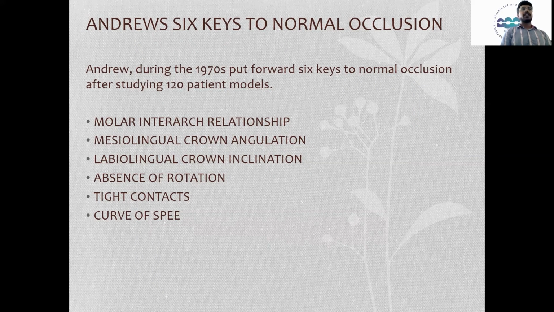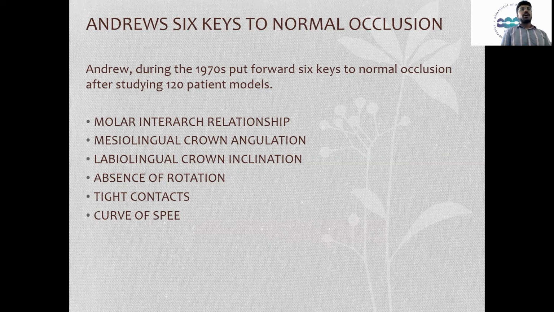After examining these 120 models, he concluded certain things and formulated six keys that lead to a normal occlusion of anterior and posterior teeth. So what are the six keys we are talking about today? The first one is molar interarch relationship, then mesiodistal crown angulation, labiolingual crown inclination, absence of rotation, tight contacts, and the curve of Spee.